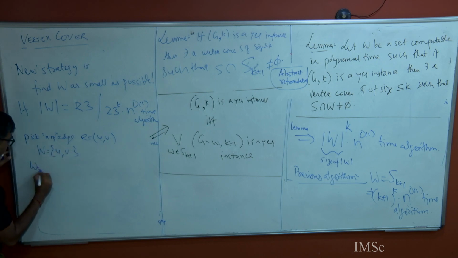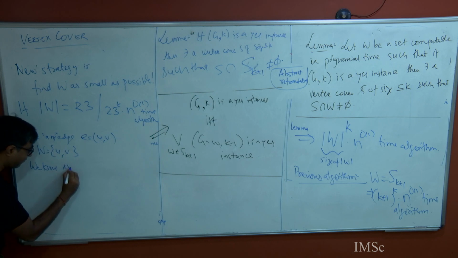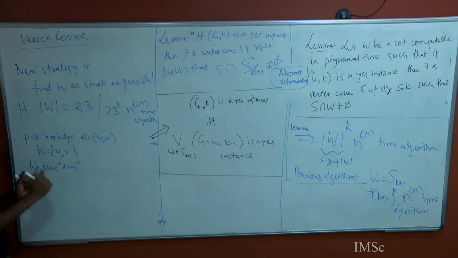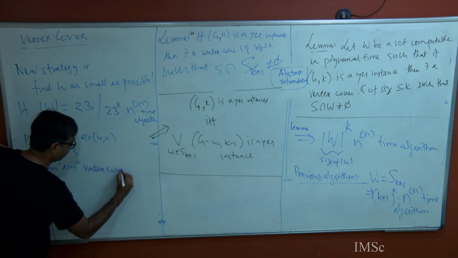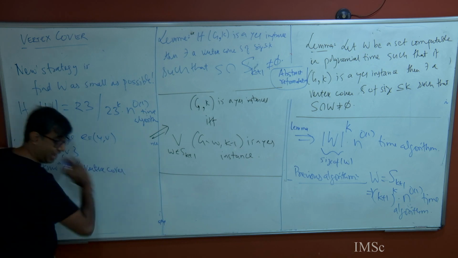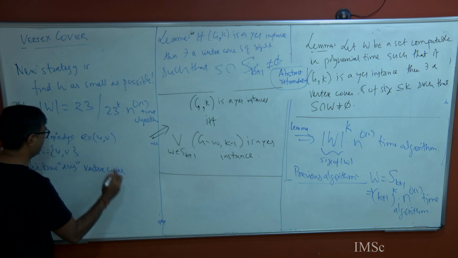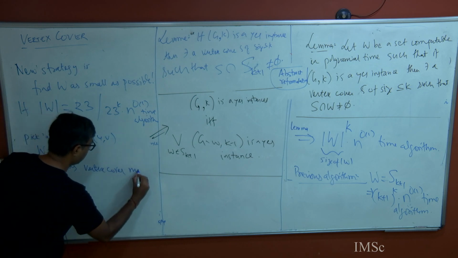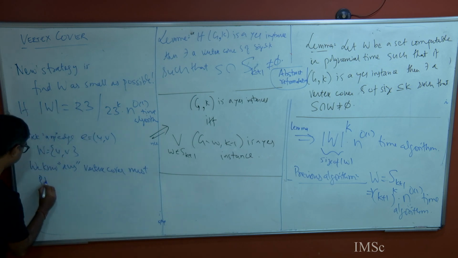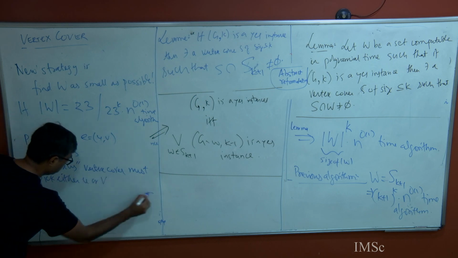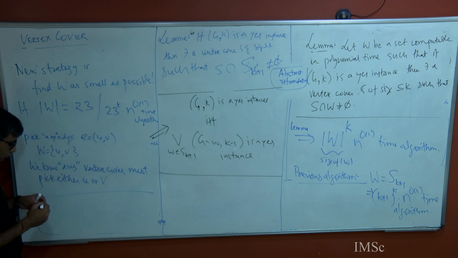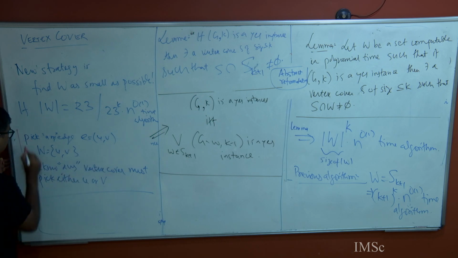We know that any vertex cover, not even whether there exists a vertex cover of size at most k or not, that also does not matter, any vertex cover must pick either u or v.